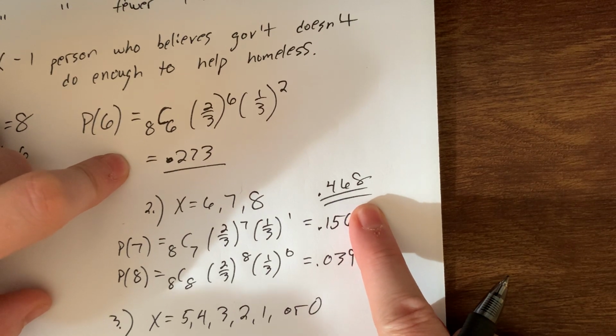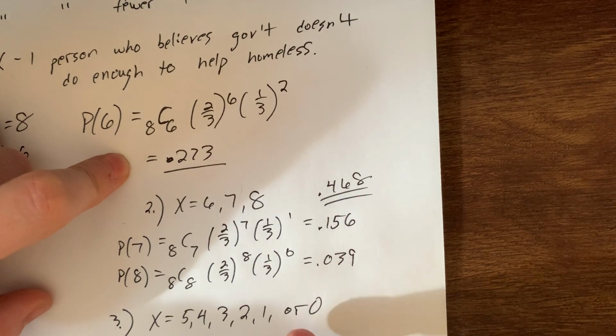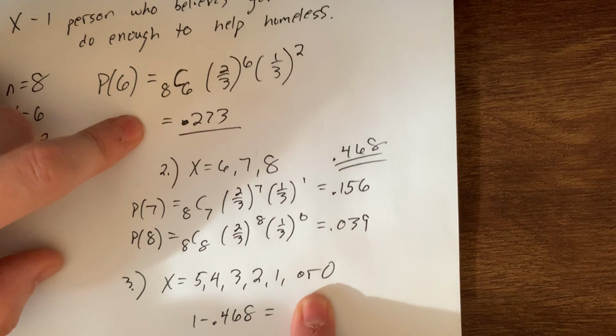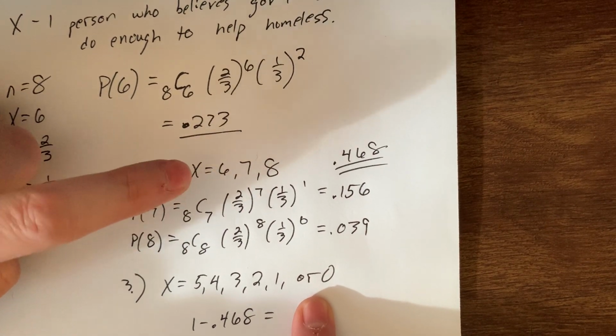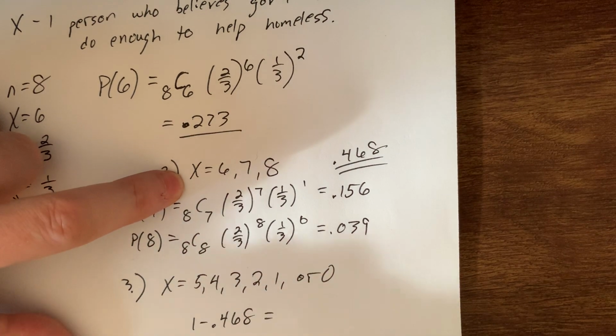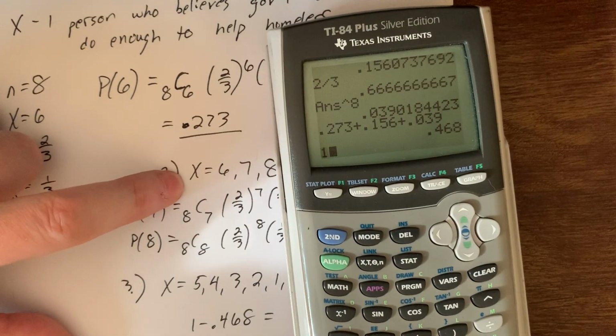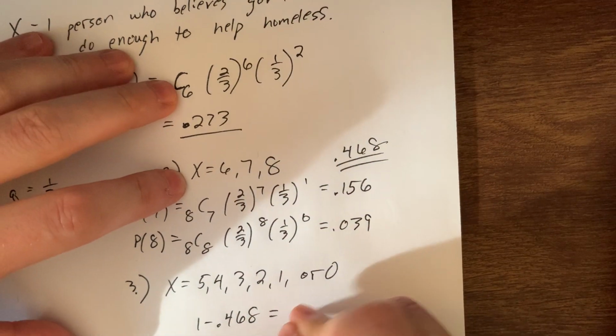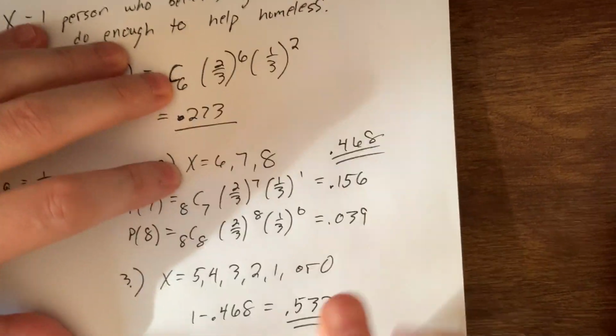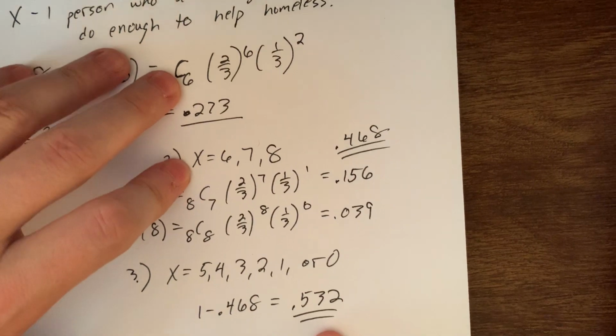And this is another good situation. Instead of doing these 6 x values, even if this wasn't asked for, it would have been shorter to just do these 3 and then to use the complement. So 1 minus the 0.468 is 0.532.